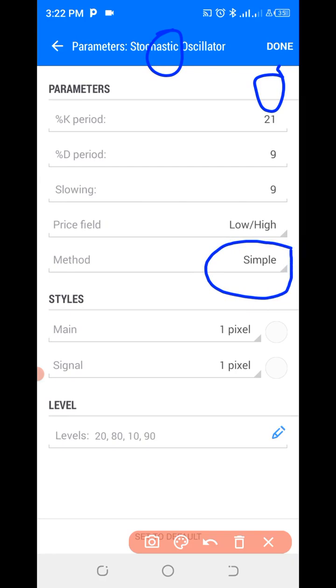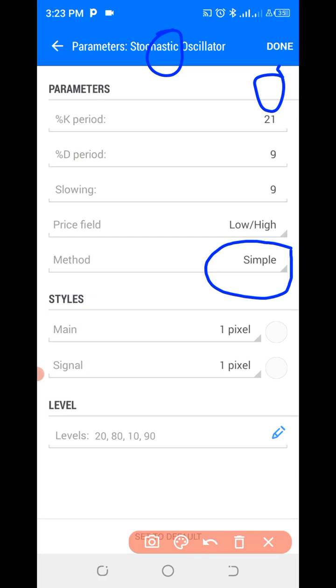The reason being that a simple 21 moving average is too fast, so you tend to have a fake signal. But the exponential is a little bit slower, so it filters the noise in the first signal it gives. That is what we do with this indicator.